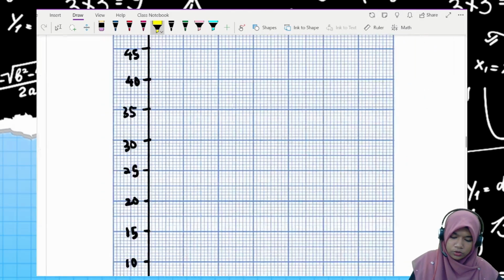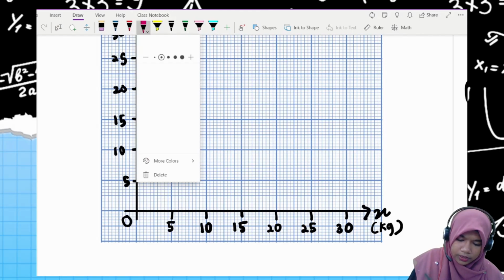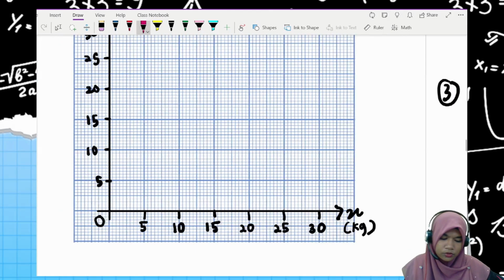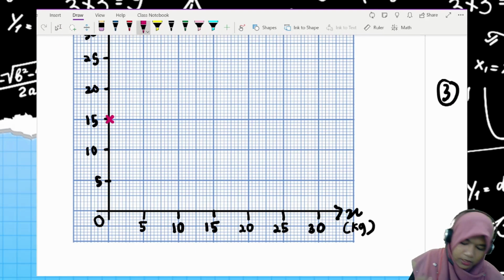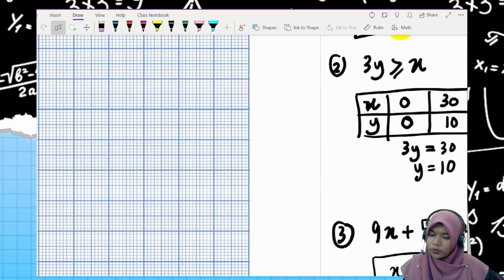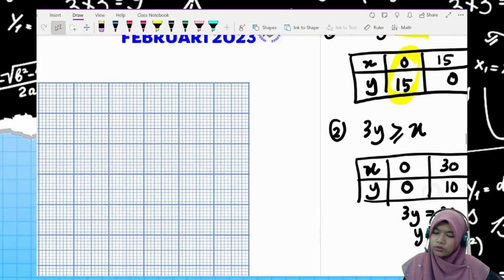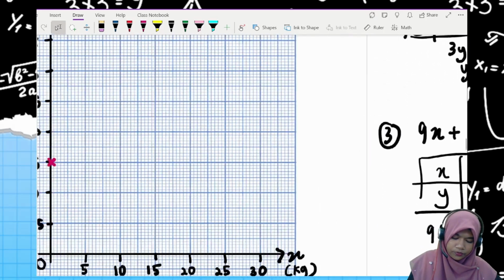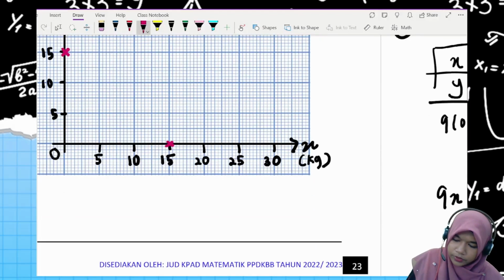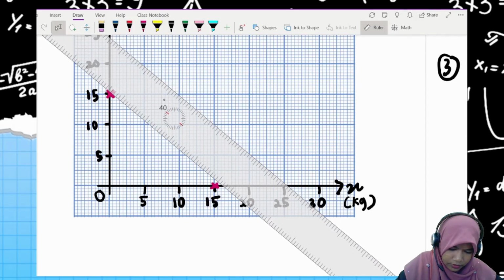I use a thicker pen so that you can see. When x equals 0, y equals 15. And when y equals 0, x equals 15, so (15, 0). So this is for the first graph, the first equation.